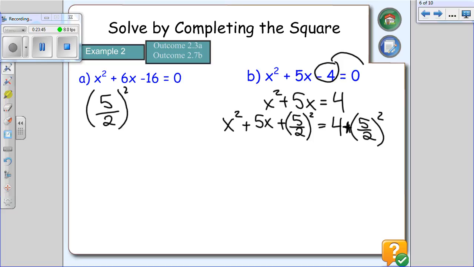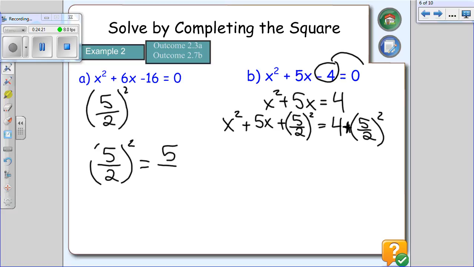If we have two things that need to multiply to be 5 over 2 squared, but also add together to be 5, what two things add together to be 5? 2.5 and 2.5 would add to be 5. But 2.5 times 2.5 is just 5 over 2 squared. This is 5 over 2 times 5 over 2.